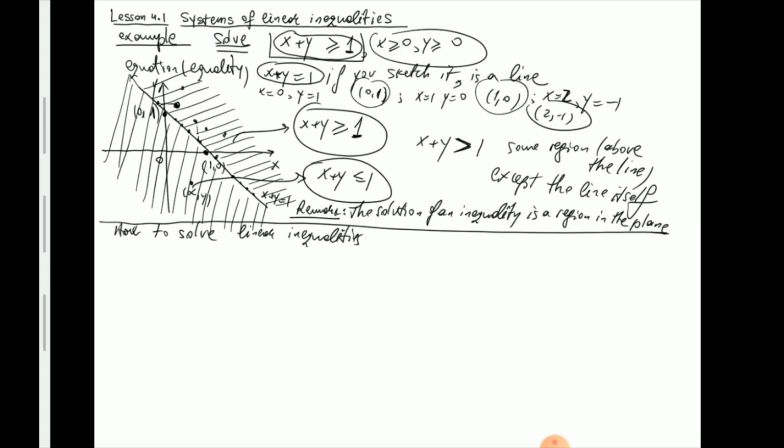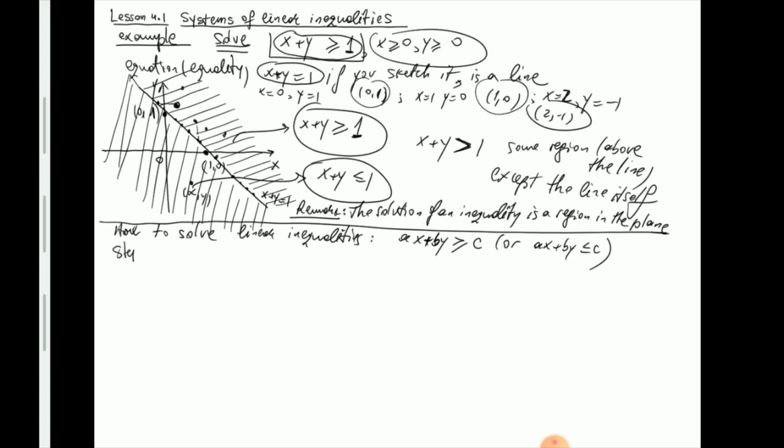We can describe them in a general form: ax plus by greater than or equal to c, or in reverse, ax plus by less than or equal to c. Same idea. So a, b, and c, of course, are the coefficients. It doesn't really matter how you actually write the inequality. This is just the standard format coming from the equation of the line.